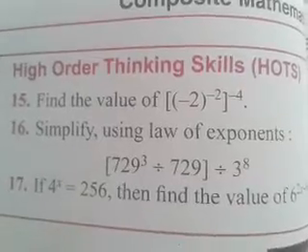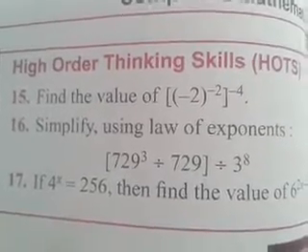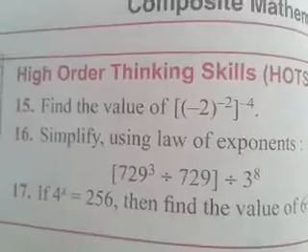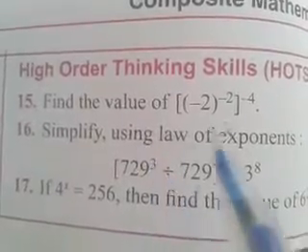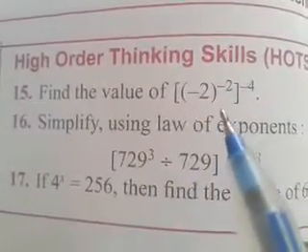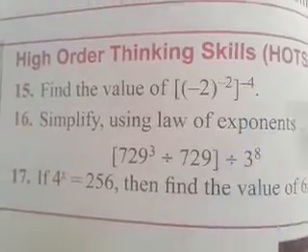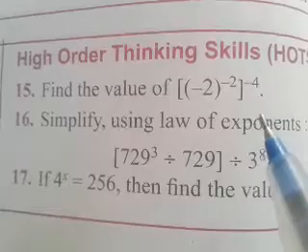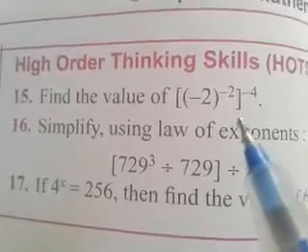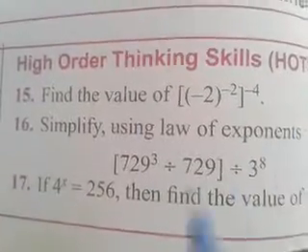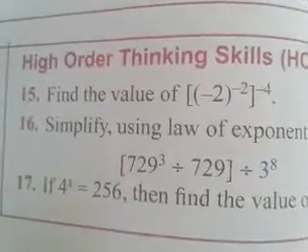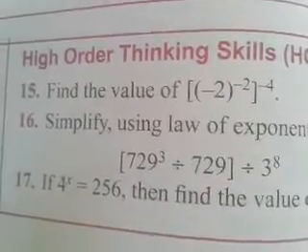Now let us do some higher order thinking skills problem. Question number 15. Find out the value of minus 2 raised to the power minus 2 and its raised to the power minus 4. Now find out the value of this expression. So let us try this question.